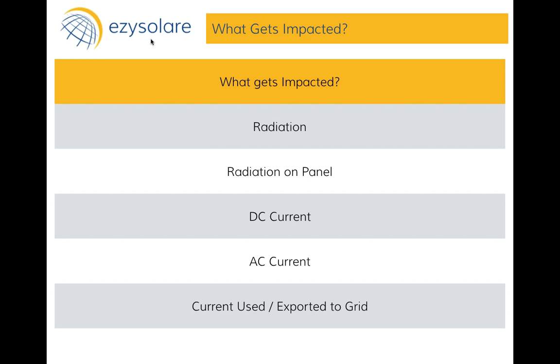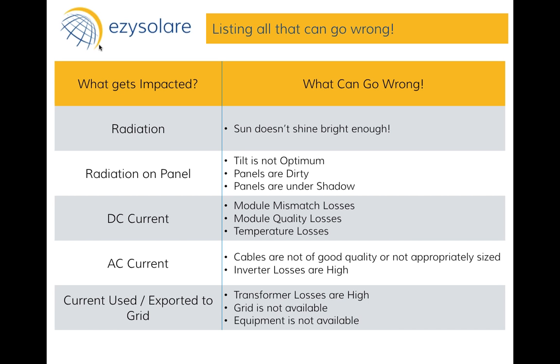So let me point out what all things can get impacted. After that, we'll talk about what are the factors that impact, and lastly, who can be held responsible. This is all leading up to how you monitor all of these factors and whom you hold responsible at the end of the day.